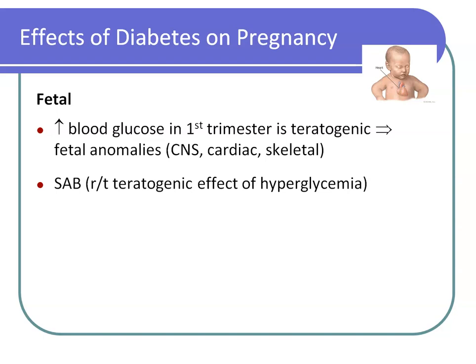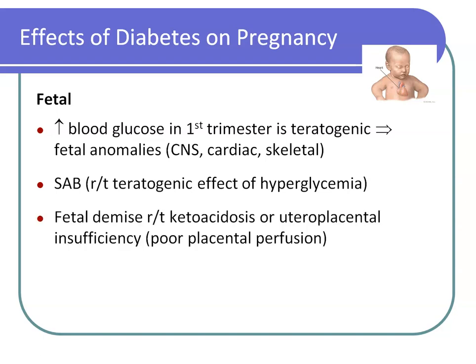Okay, so other risks to the fetus, SAB or spontaneous abortion, and that's also related to the teratogenic effect of hyperglycemia, and a greater risk of fetal demise. And remember, spontaneous abortion is loss of an embryo or fetus prior to 20 weeks gestation, and if the fetus dies after 20 weeks but before birth, we call it a fetal demise.